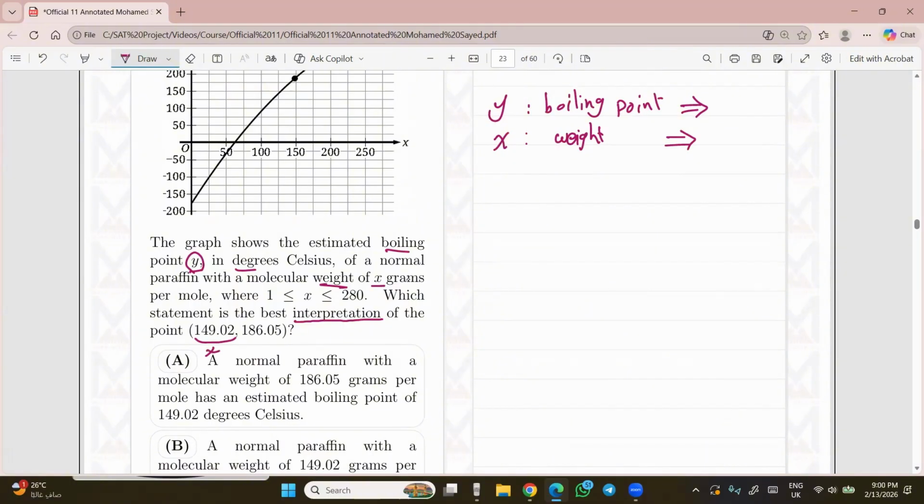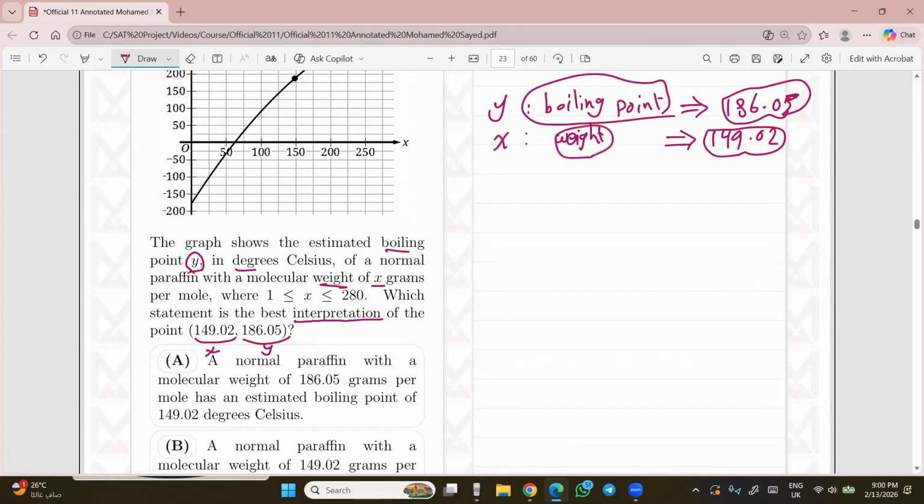This number is x and this number is y. So we can say that x here is 149.02 and y is 186.05. If you want to get the best interpretation or the correct answer, you need to mention this number with the word boiling point and this number with the word weight, and maybe you can add grams per mole. So let's see the answers here.